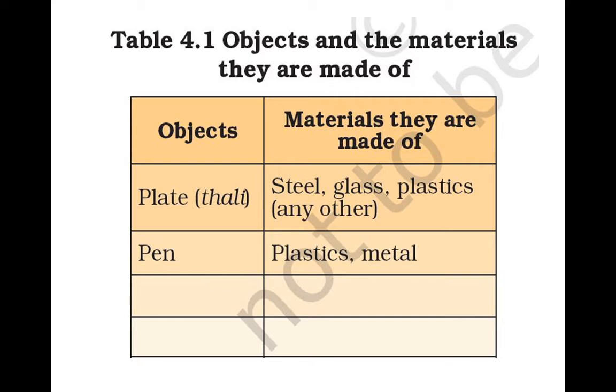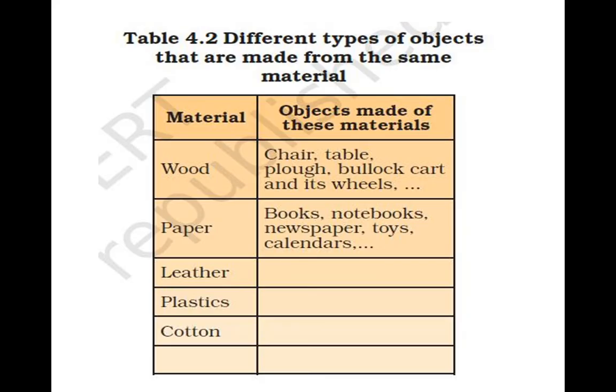Yes, very good. Now here object is only one but the materials are different. Now here what you have to do, there is only one material and from that material, which objects you are making, that you have to write here. Just learn the difference between the object and the material.